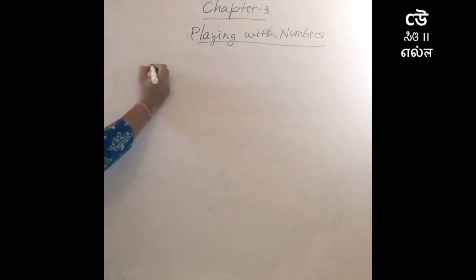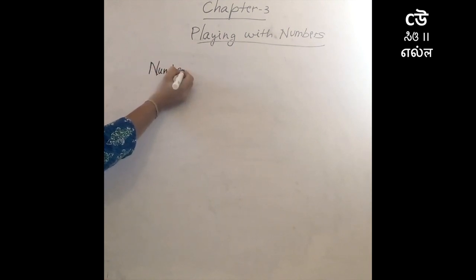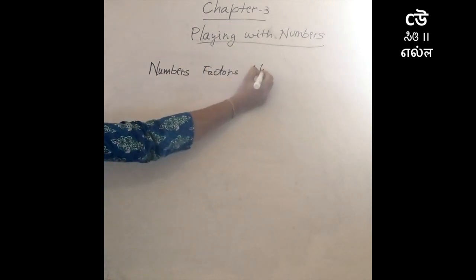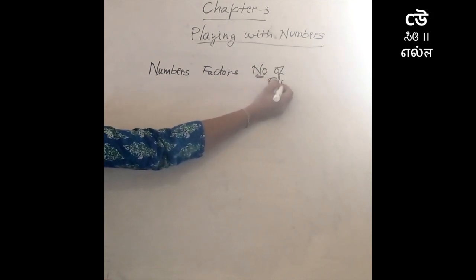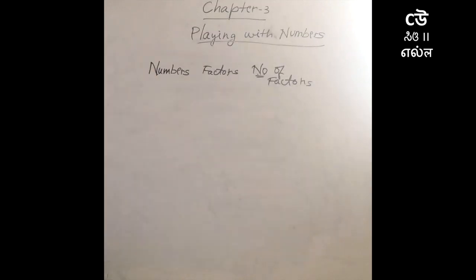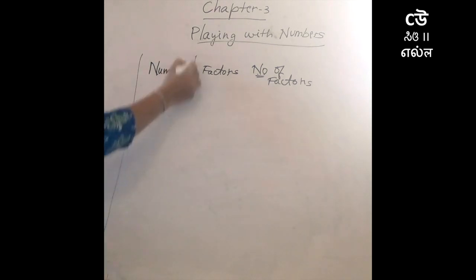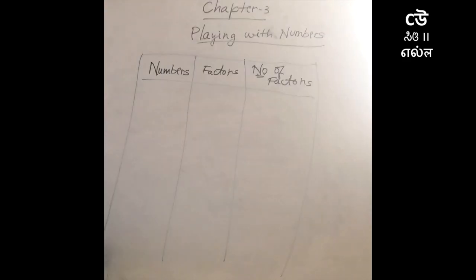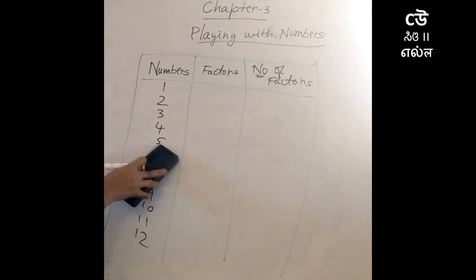If we consider this table, let us find the factors of the numbers till 12: 1, 2, 3, 4, 5, 6, 7, 8, 9, 10, 11, 12.